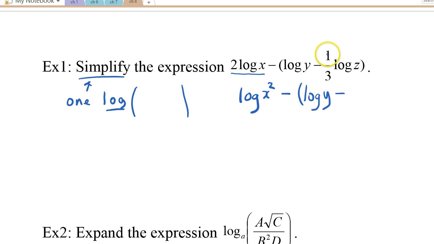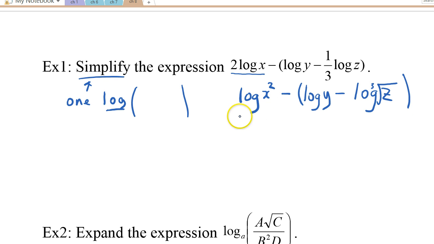I can do the same thing with this 1/3. Again, this 1/3 is multiplying, so it's going to be log of z to the power of 1/3. I can write it as z to the power of 1/3, or I could write it as a cube root like that. It's a little bit squishy, but either way. Okay, and now write parentheses.